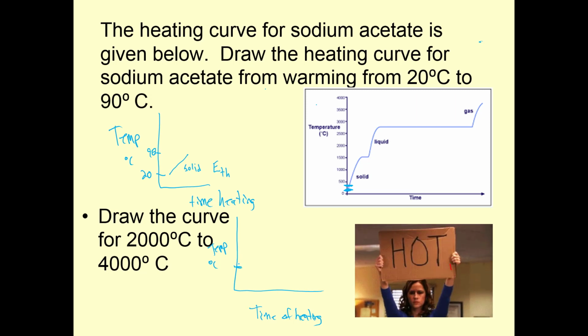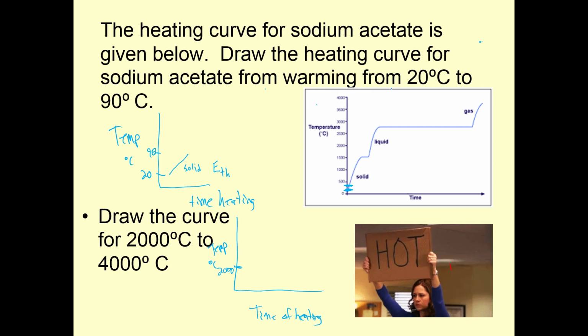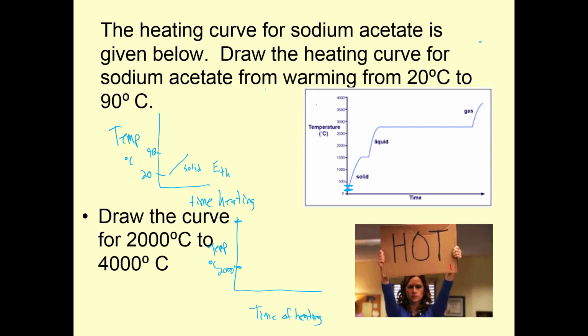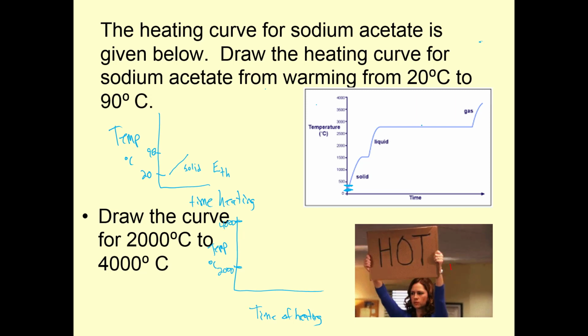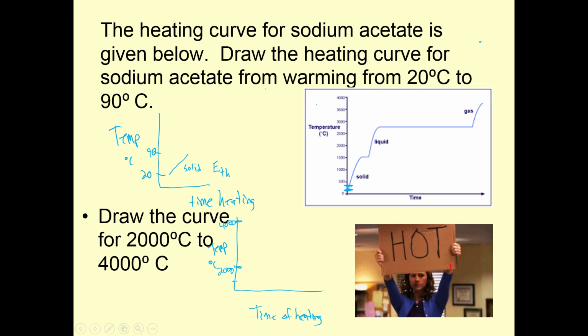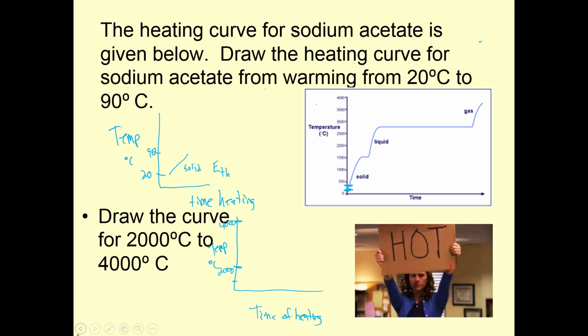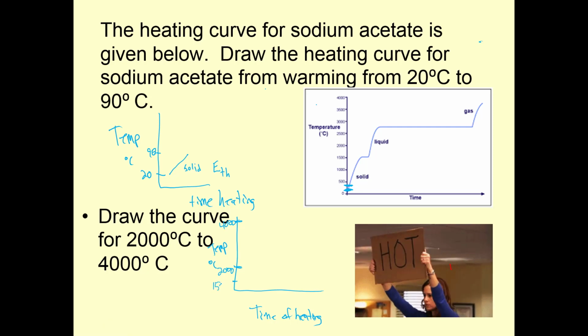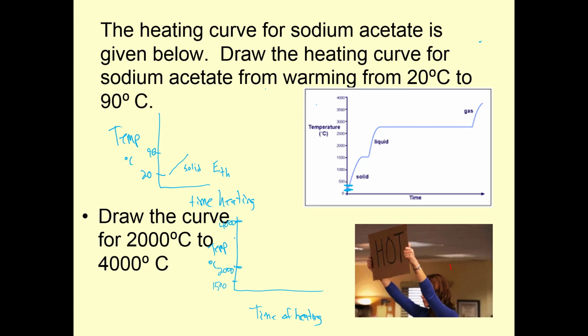So I'm going to put a mark right around here and say 2000. And I'm going to go to 4000. Notice I need to include the melting point and the boiling point. The melting point is at 1500. And the boiling point is at 2750, right?